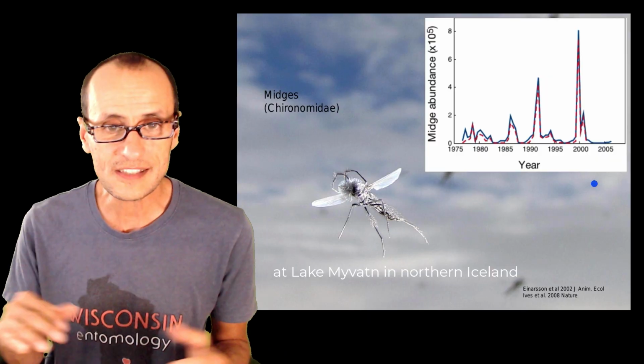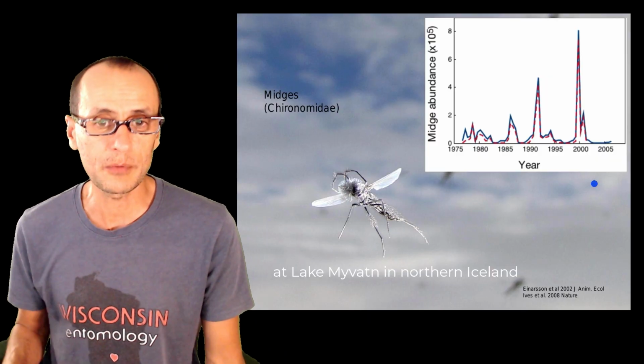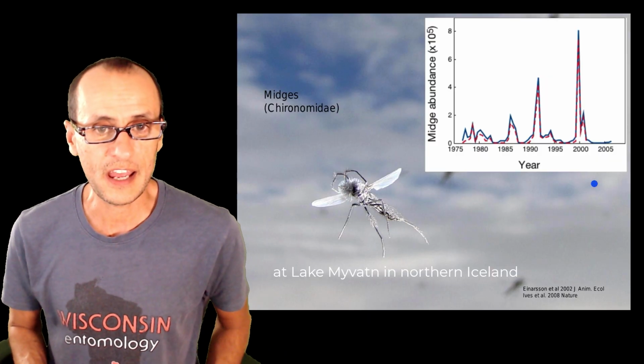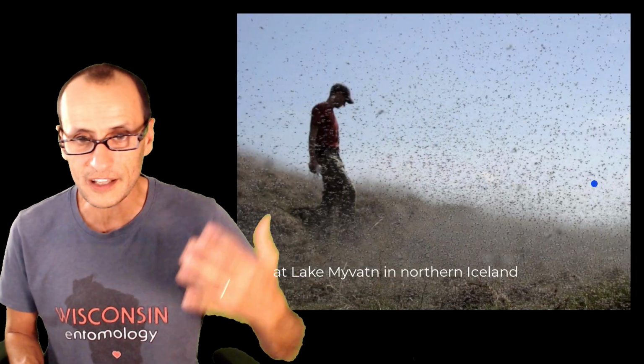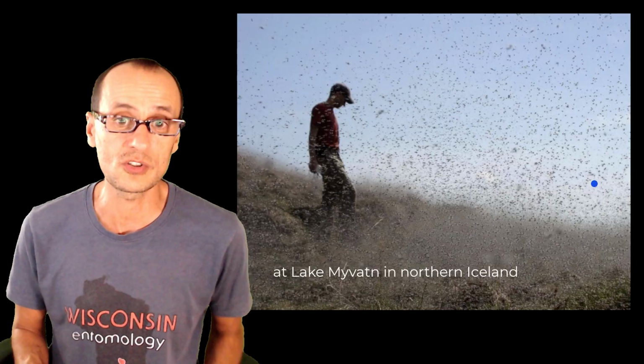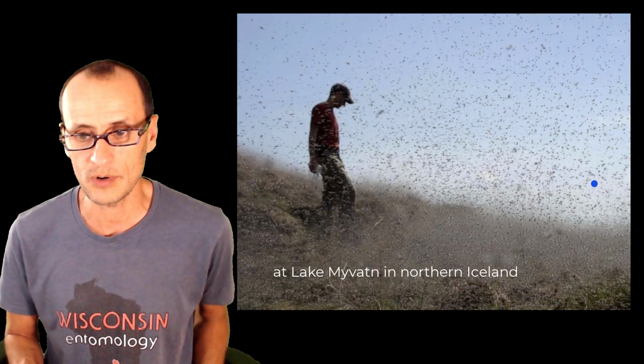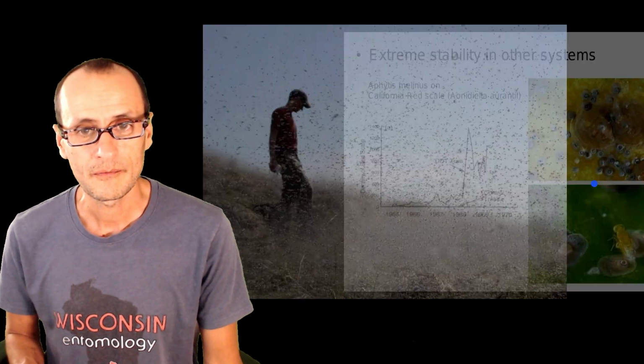Why is that? Why is it that some species have very stable dynamics and others, on the other hand, have highly fluctuating dynamics? And this is actually what it looks like. That's me in a cloud of these midges during one of these years of these highly eruptive dynamics.